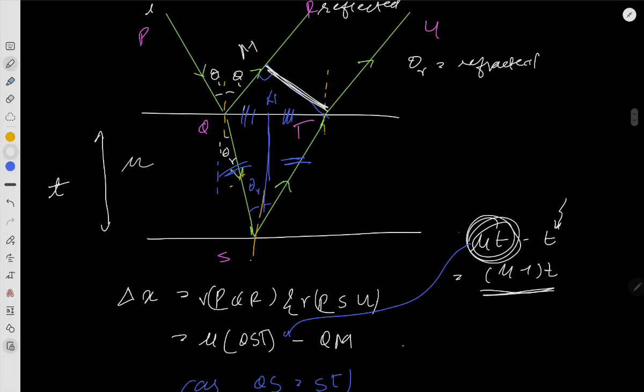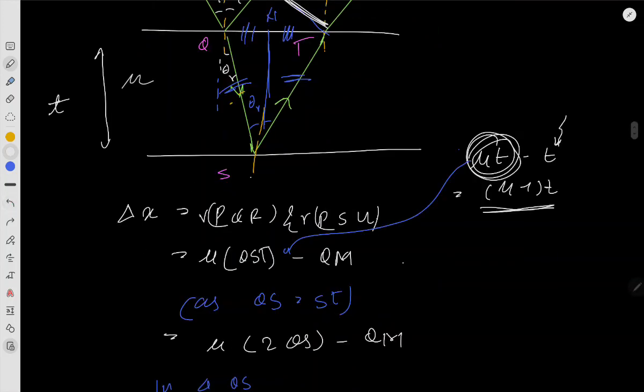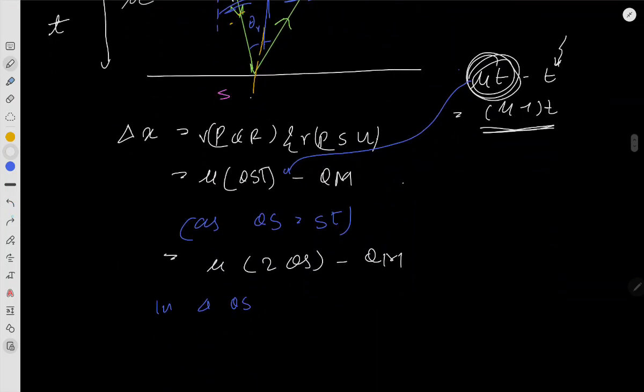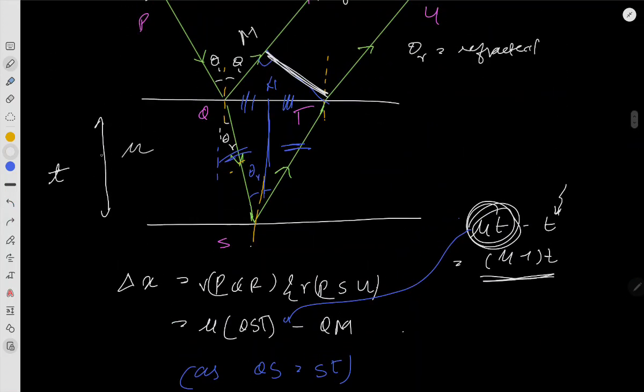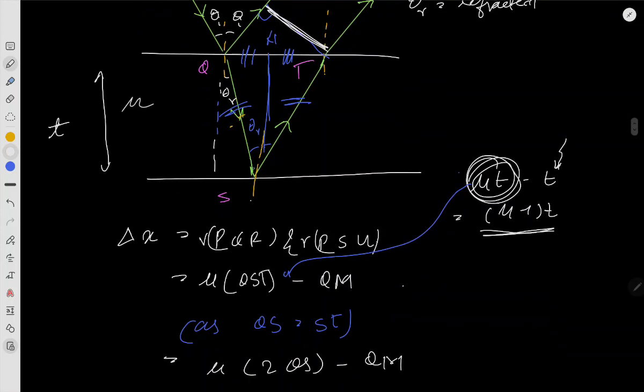if we see this length, we know the T. So in order to involve the T as well as the QS, we can use over here the triangle QSN.